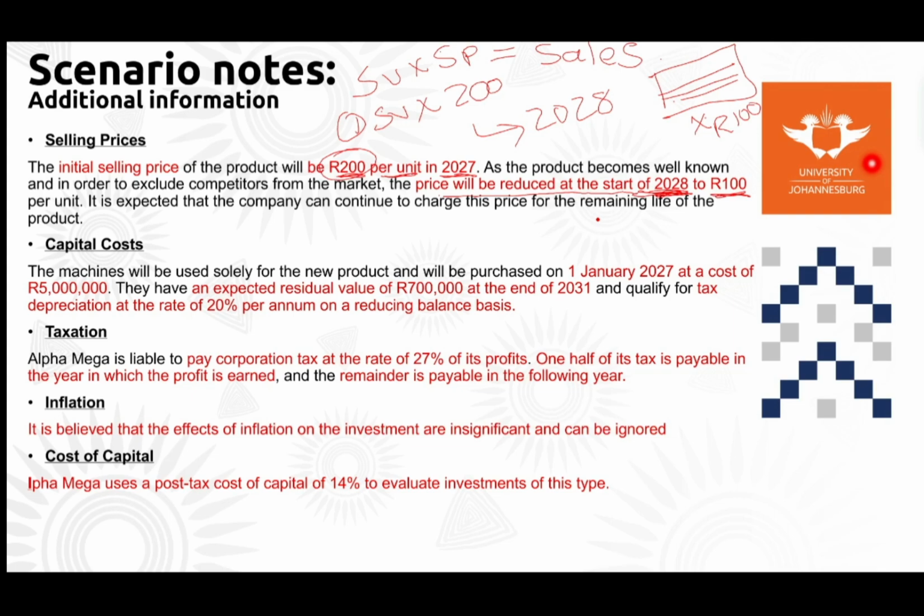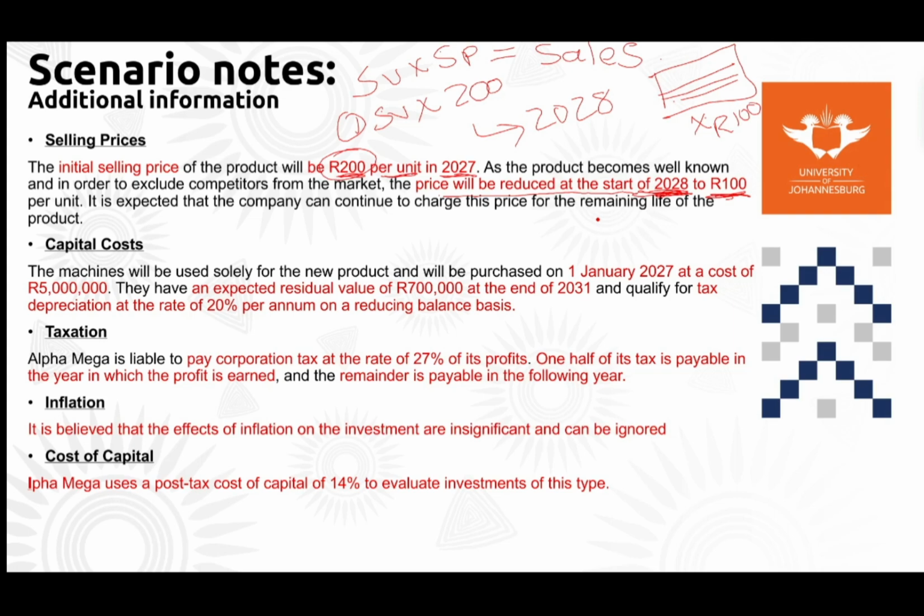So price per unit to get our sales. It is expected that the company can continue to charge this price for the remaining life of the product. So you know that this price will stay the same all the way up until the end of the project, right? Capital costs.